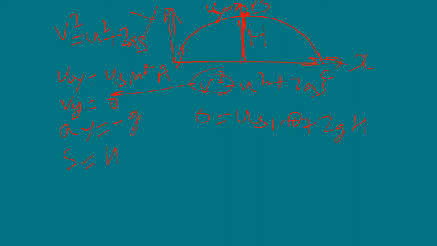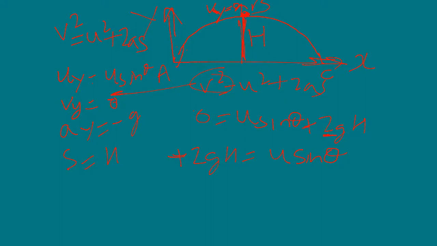Now we will bring this to this side: minus 2gh equals minus u square sin square theta, so the minus g, when it comes to this side, will become plus.